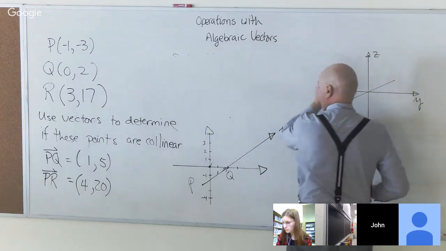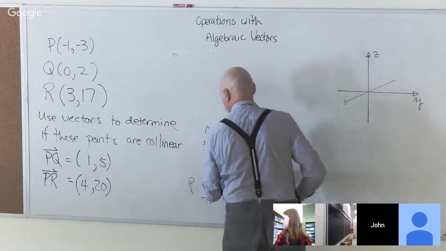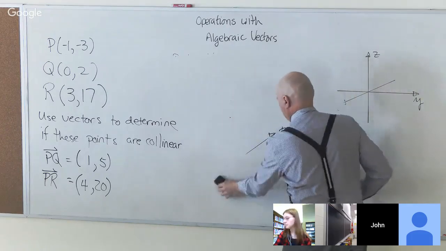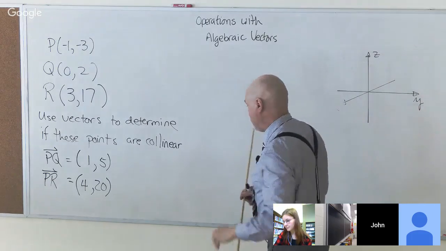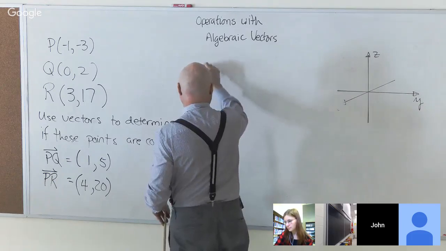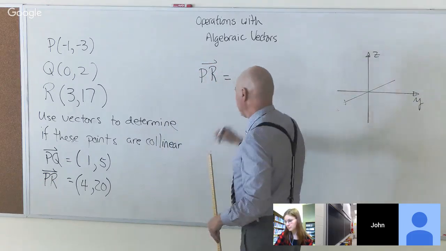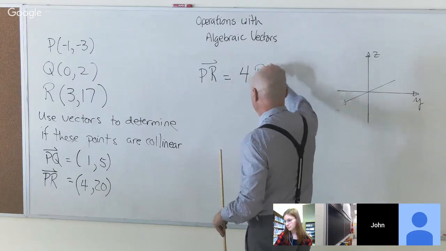So they all share a tail. We just need to figure out, are they parallel? So if they're parallel and there's a point that is common to both vectors, then those points are going to be collinear. And so if I look at vector PR, I can see it's actually a scalar multiple of PQ.